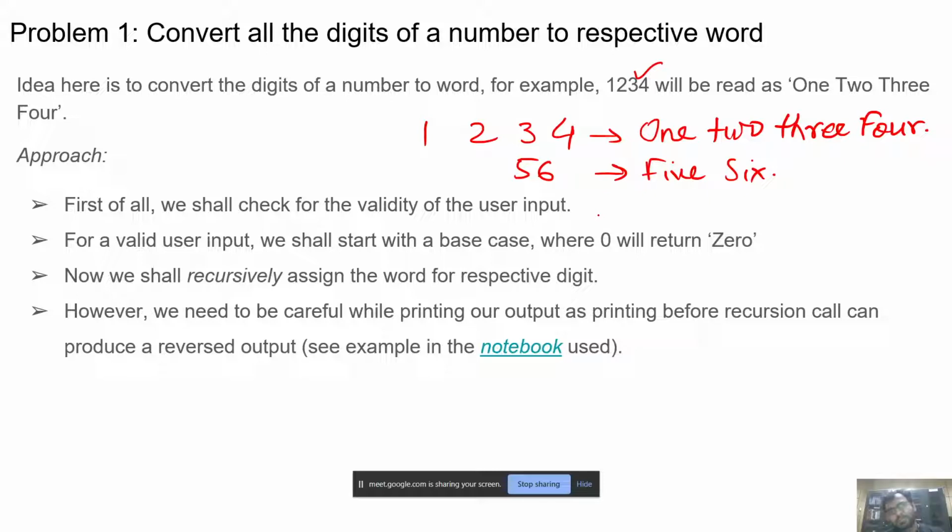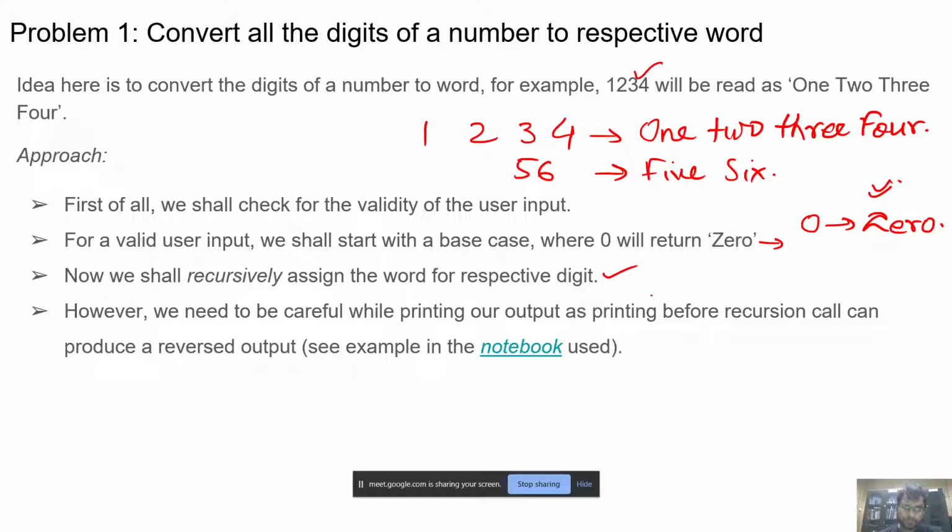If the user input is valid, then we will start with a base case, because the base case is for 0, we want it to return 0. We'll start from there, and then we'll recursively assign a word to the respective digits. So that is the approach we are going to follow.